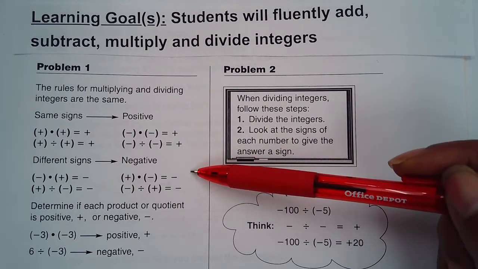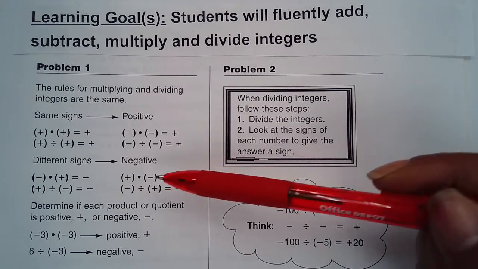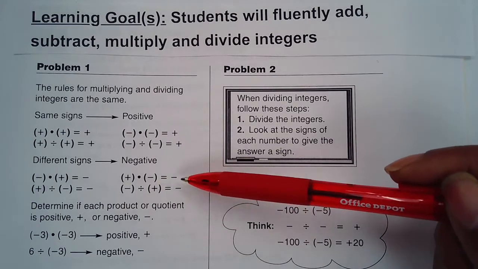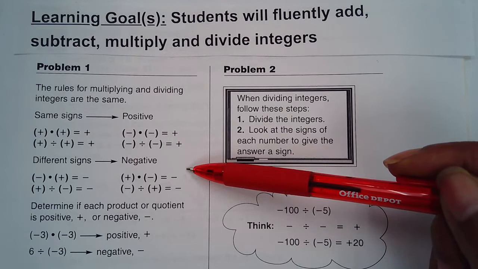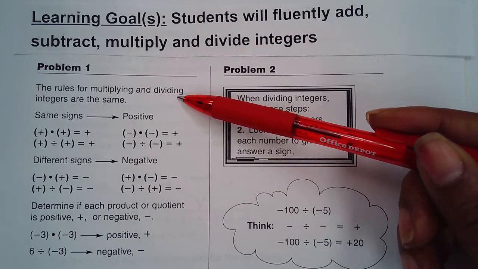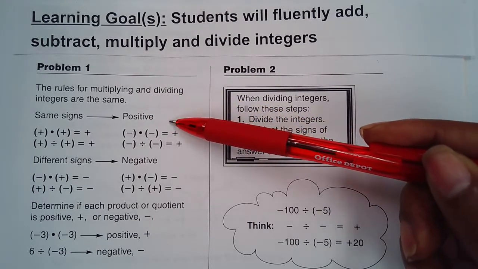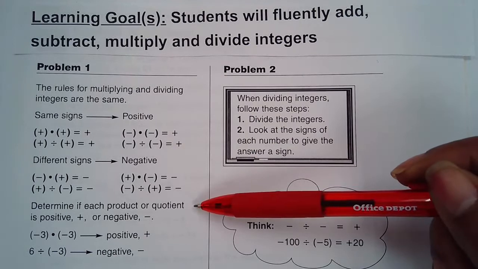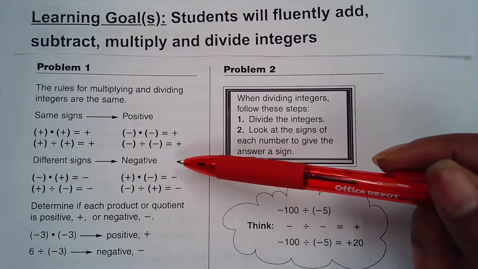Rule number two: whenever you have different signs and you're multiplying and dividing, as you see in the images here, your answer will come out negative. Multiplying and dividing integers, same sign, answers are positive. Multiplying and dividing integers, different signs, your answers are negative.